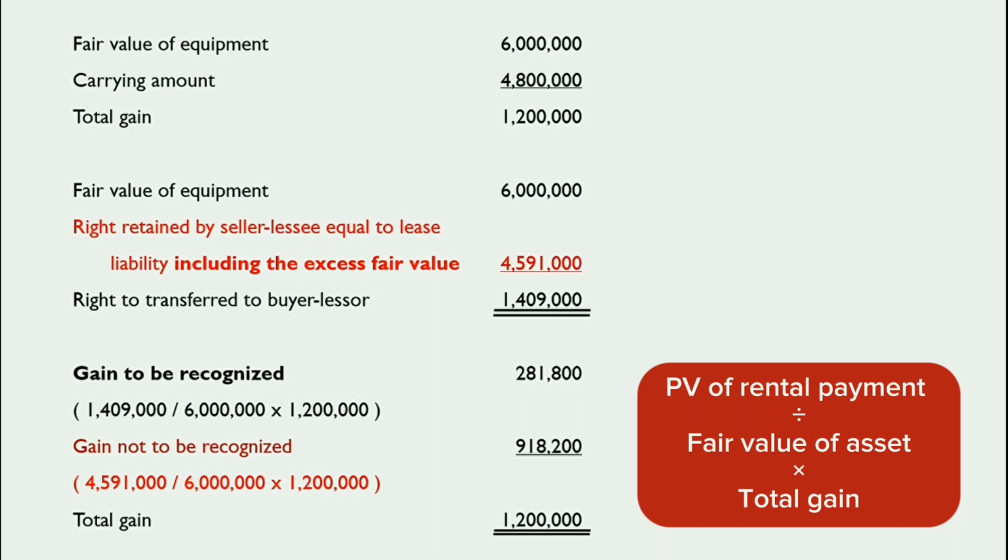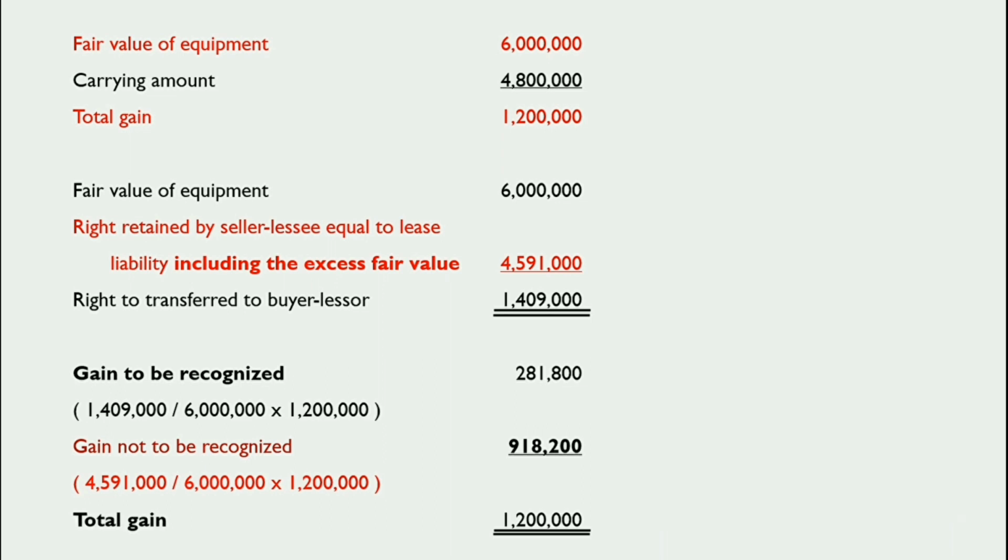And then, i-divide pa natin siya sa fair value na 6 million and multiply sa total gain na 1,200,000. That gives us 918,200. So, kapag i-add mo yung dalawang yan, it will still give us a total gain of 1,200,000.